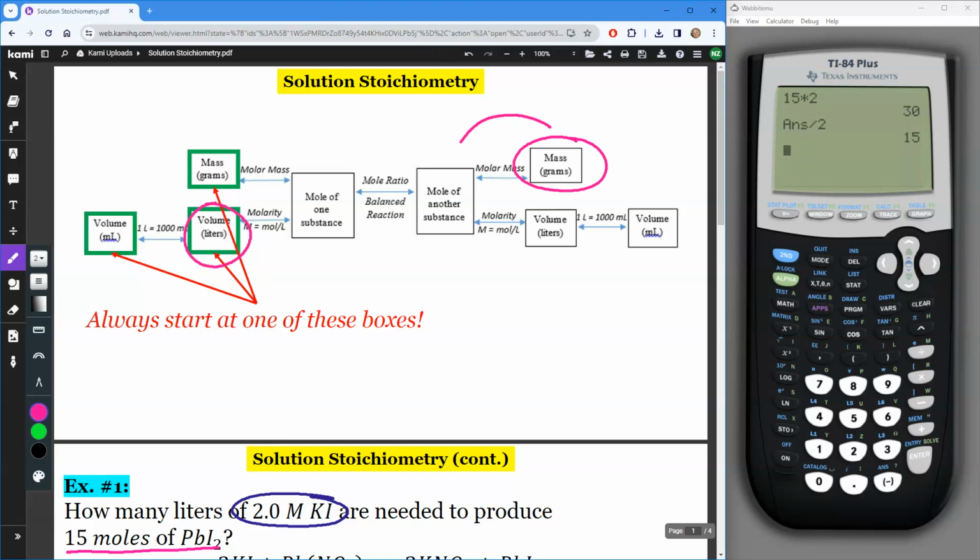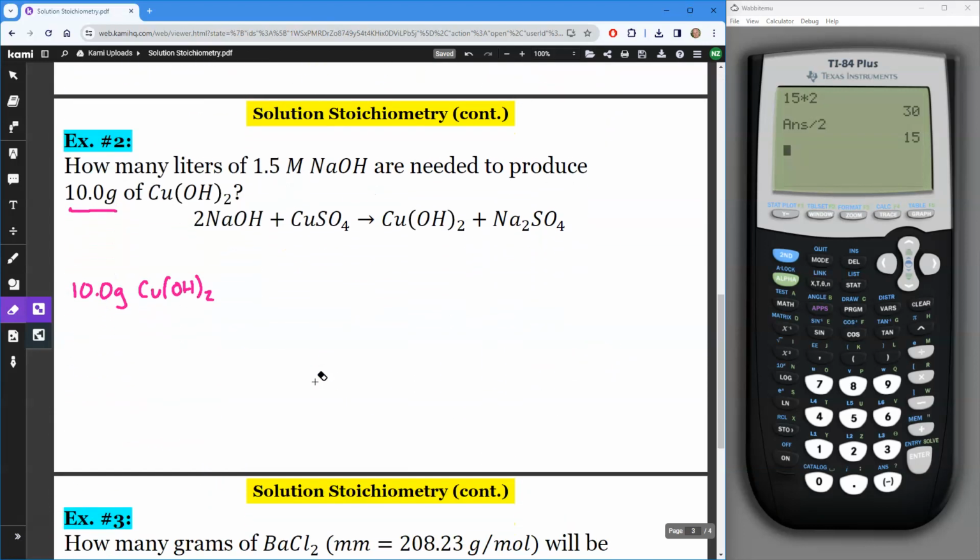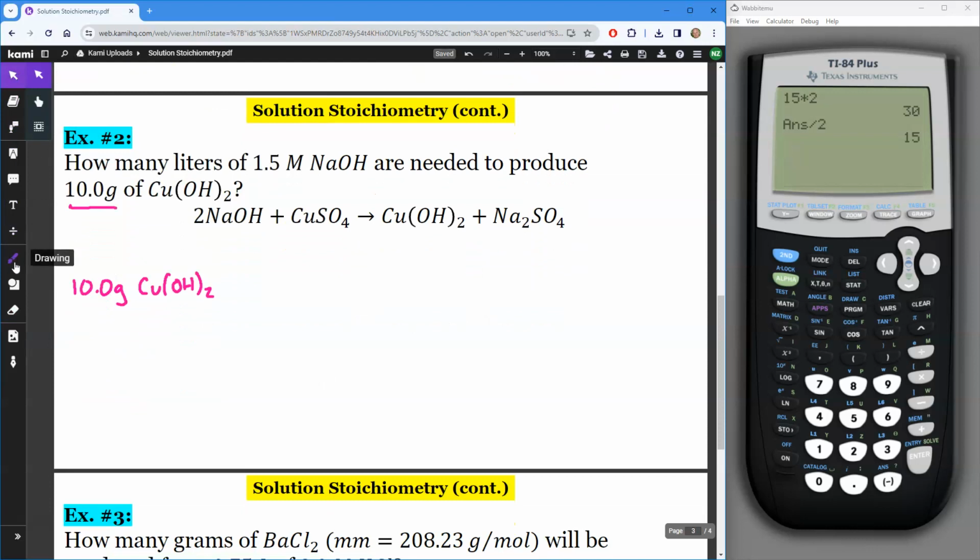We'll need to convert our grams to moles using the molar mass. We'll need to do a mole ratio. And then finally, we're going to use the molarity equation to go to liters. So let's do all that. Let's start by finding the molar mass.